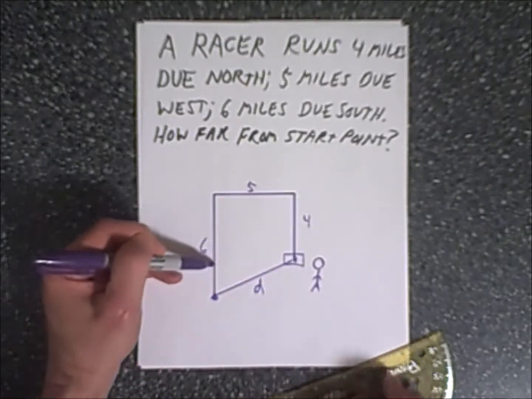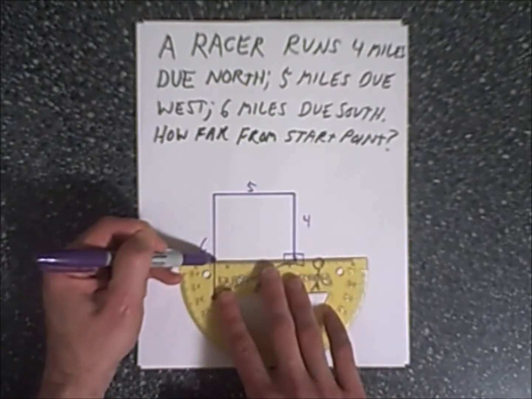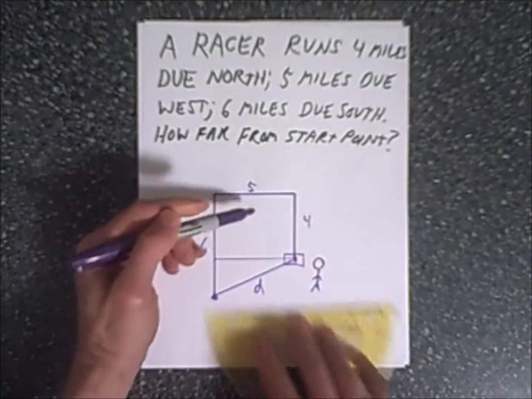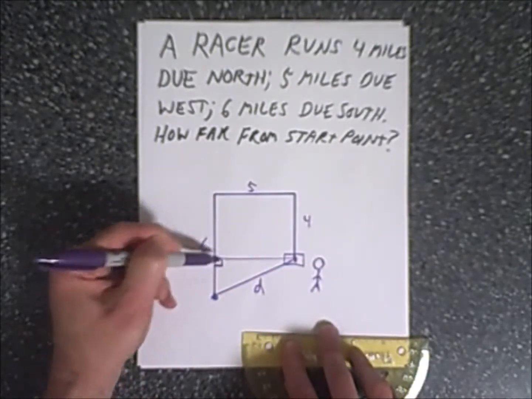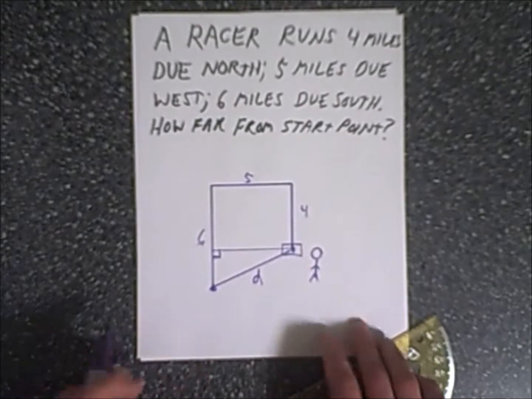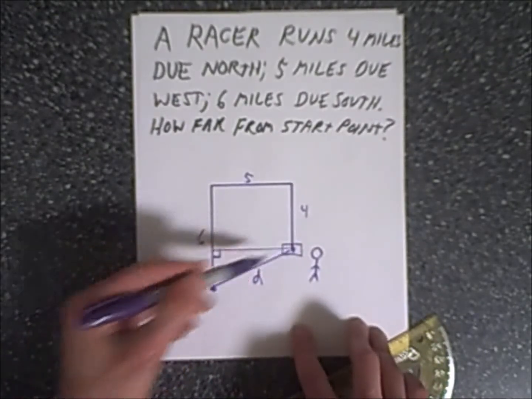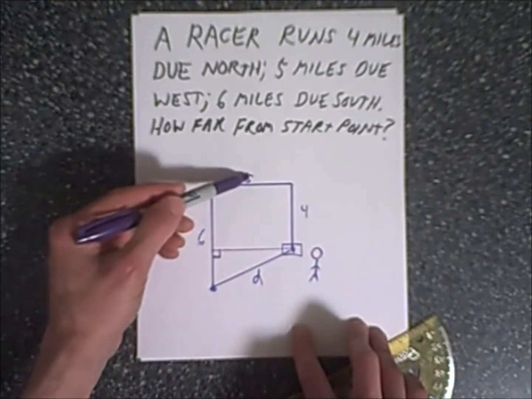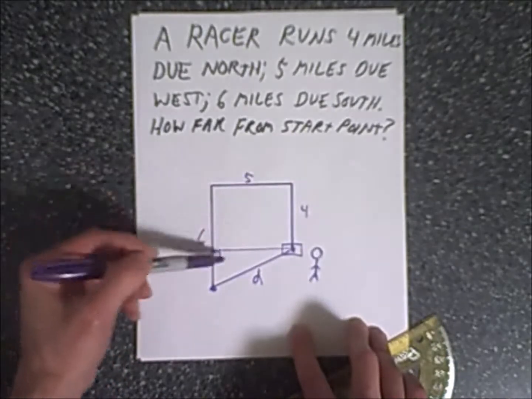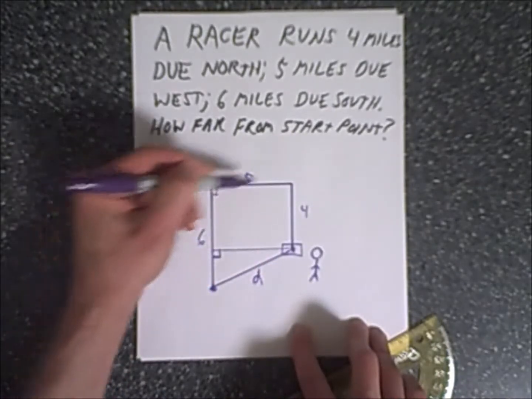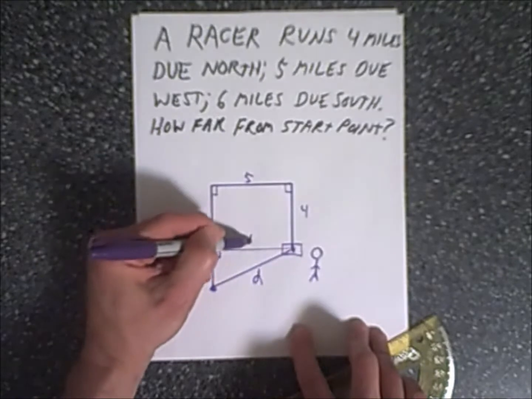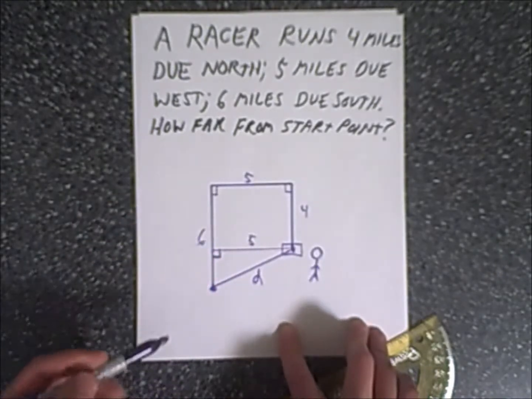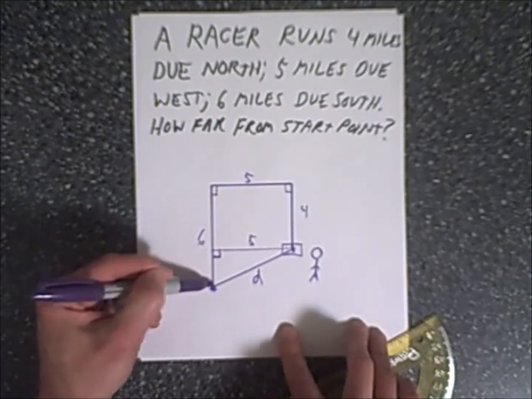All we have to do is fill in this one space right here, like so, and we have ourselves a right triangle upside down. And now the question is, what is the distance from here to here? Well, the distance from here to here is the same as that, because these are parallel lines. These are also right angles. Therefore, this is 5.